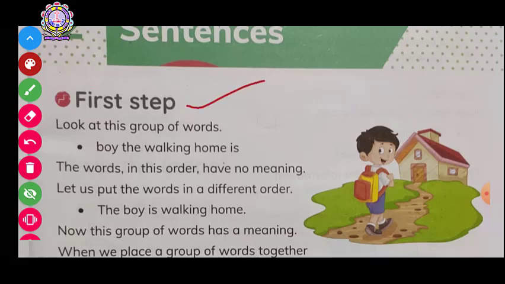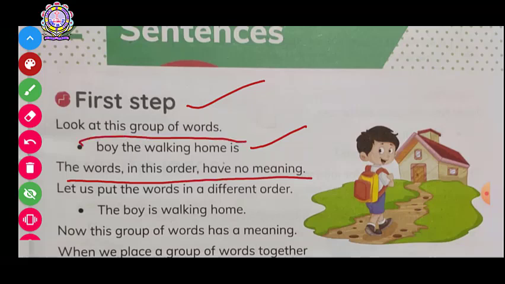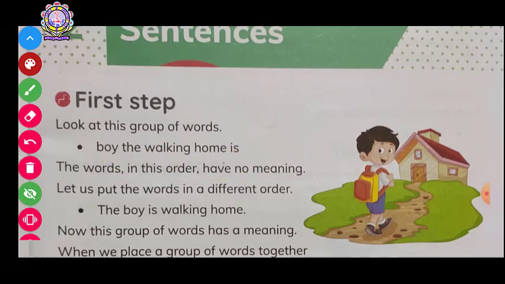Boy, the walking home is. Yes, boy, the walking home is. Is this making sense? Okay, we will read further what is written. The words in this order have no meaning. As I've told you, this sentence has no meaning. It's wrong.